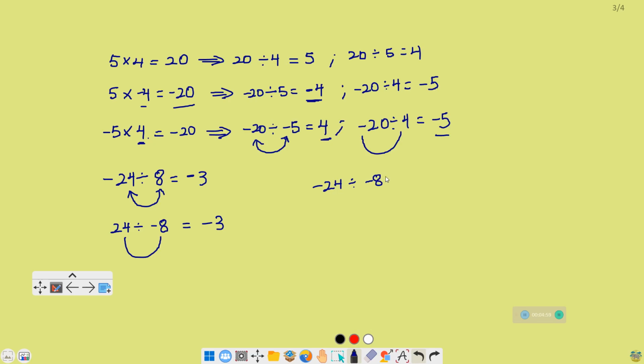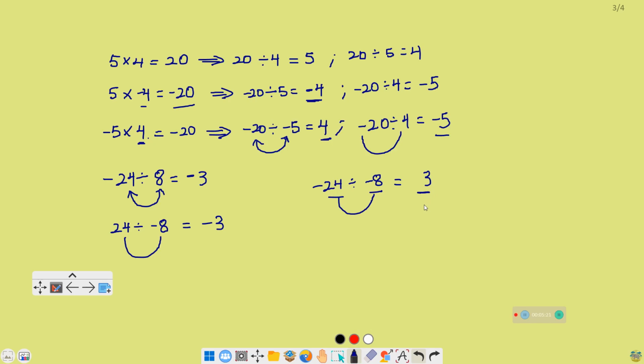If the dividend and the divisor are both negative, then first simply divide both of them. We'll get 3 as the quotient. When both of them are negative, we will get a positive quotient as the answer.